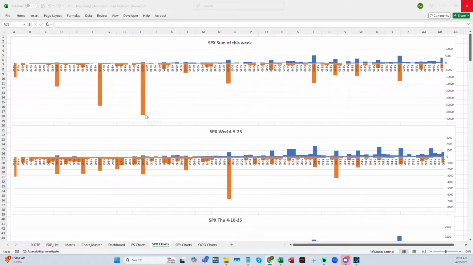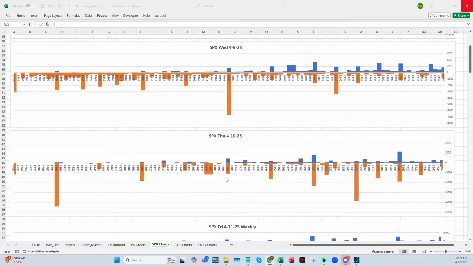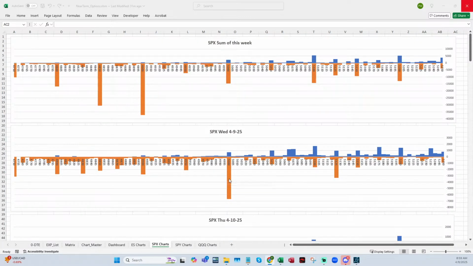But you got over 35,000 at 4,900 compared to the 7,000, and those expire Friday, I believe. Yep. So you got 7,000 here and 35,000 here. So you got 5 times as many at 4,900 for the week, but they have 2 more days left.